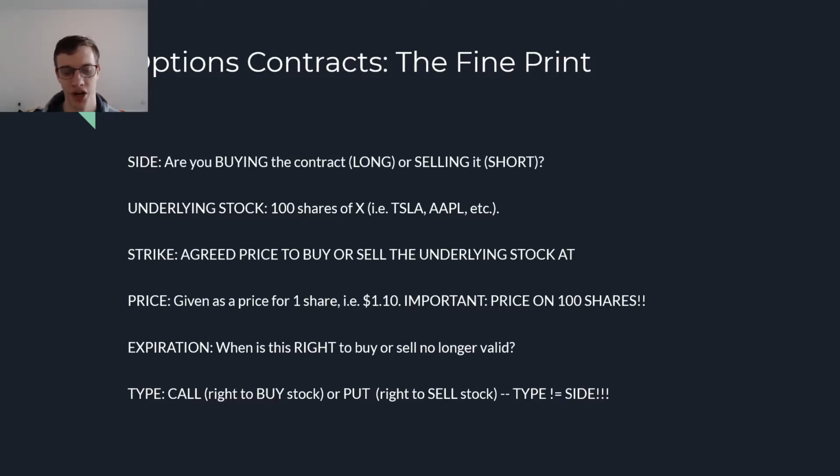So for example, $1.10 would be $110 for the contract. Every contract has an expiration when it is no longer valid, and each contract has a type. Fortunately, there are only 2: calls, the right to buy stock, or puts, the right to sell stock. If you're on the long side, you have the right, that is.